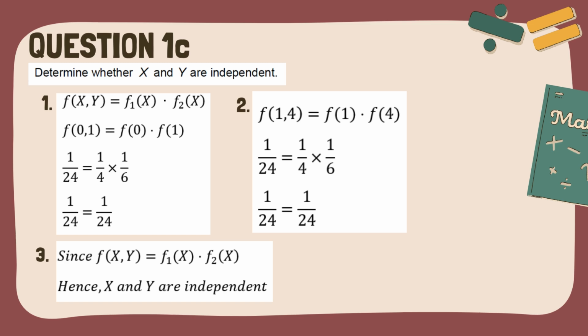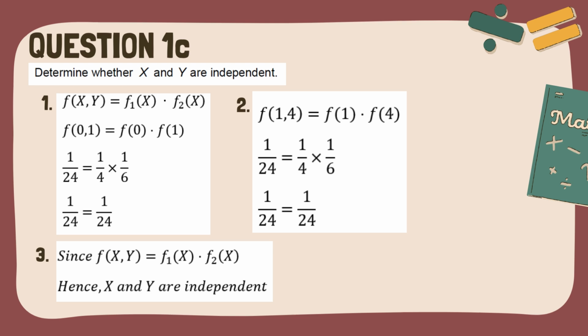To test this, we will verify the equality at specific points. First, we take the joint probability at (0,1), which is given as 1/24. We can compute it from the marginal probabilities by multiplying 1/4 with 1/6, and we will get 1/24 too. So this condition is satisfied for this pair of values.